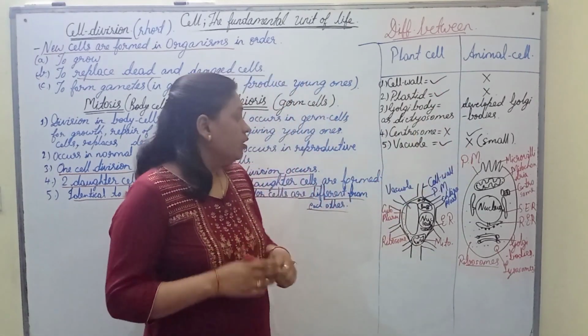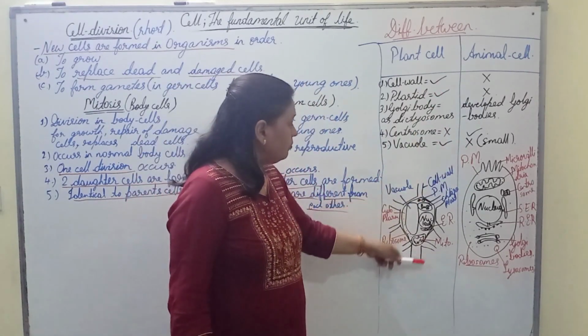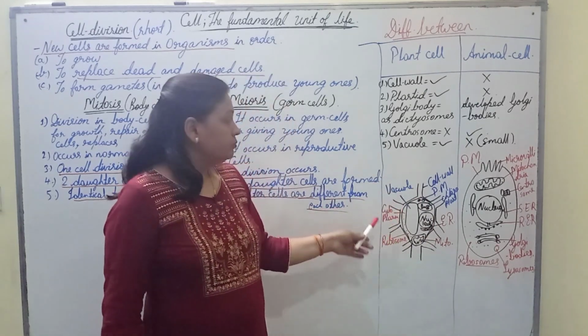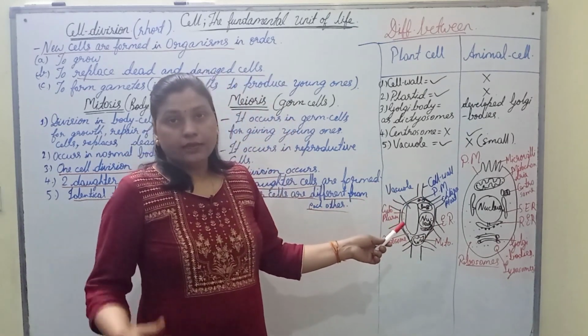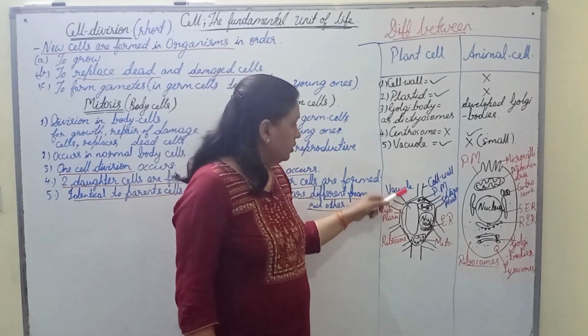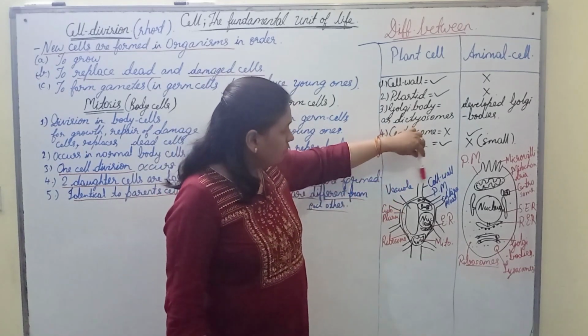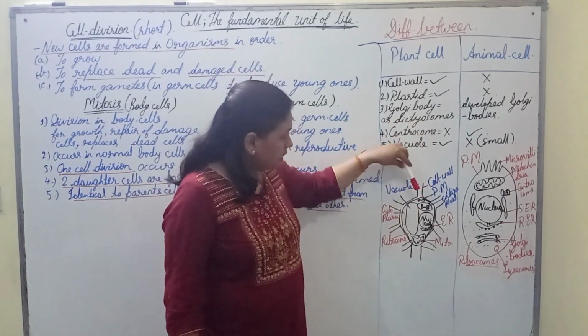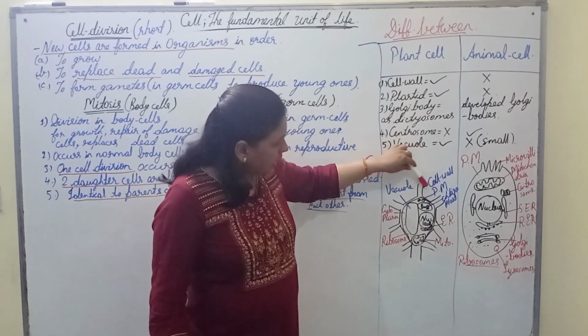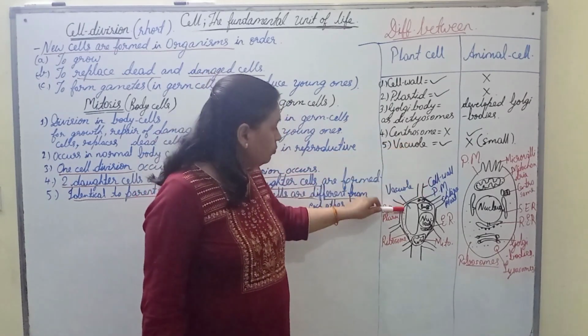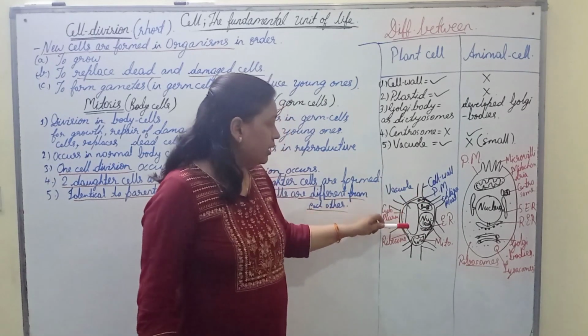Now look at this diagram. This is the plant cell. It is usually hexagonal in structure. The outermost layer is the cell wall. Next to the cell wall is the plasma membrane, and next to the plasma membrane, cytoplasm is present, that is the fluid part.